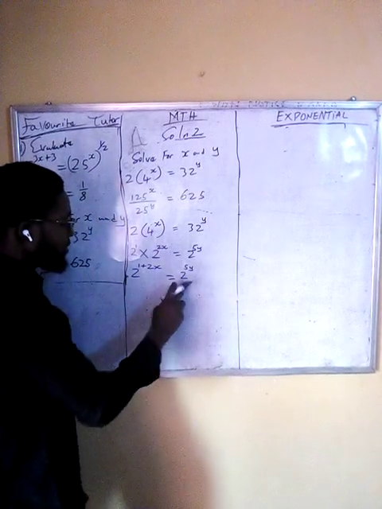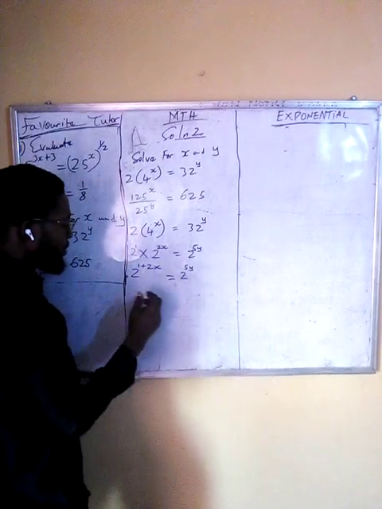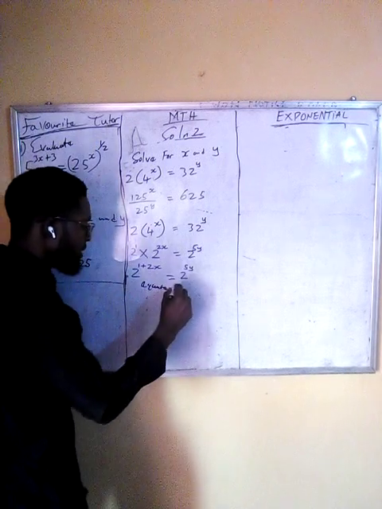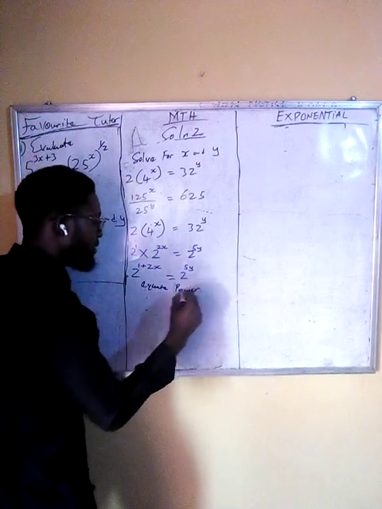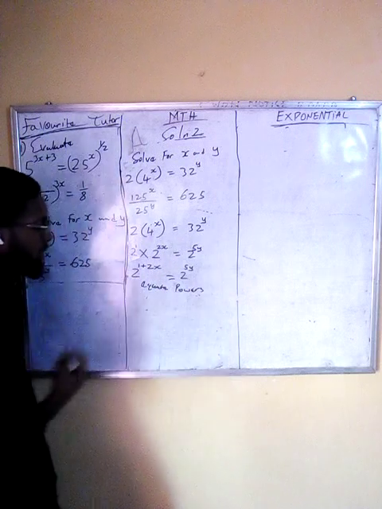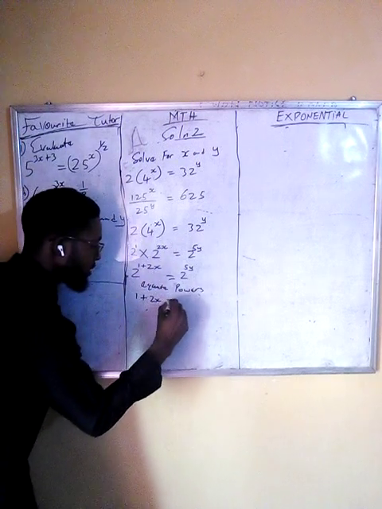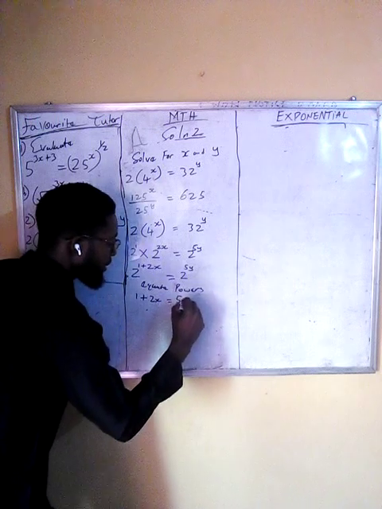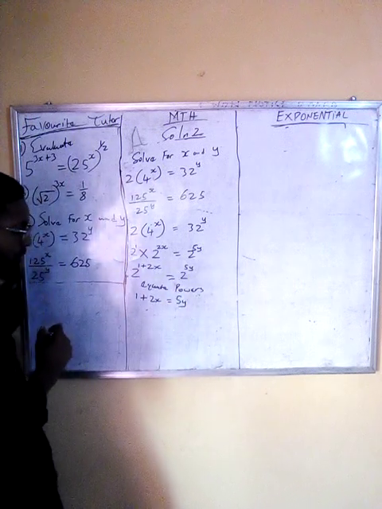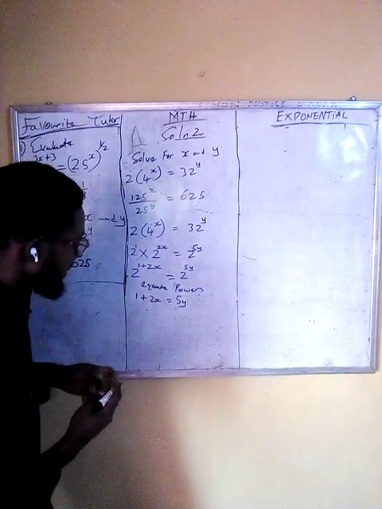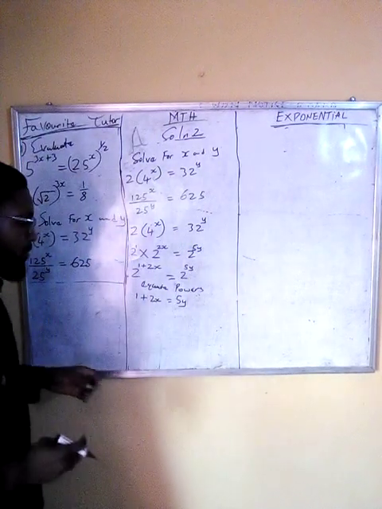We can see that the two values here are the same, so we equate powers. When we equate powers, we have 1 plus 2x equals 5y.